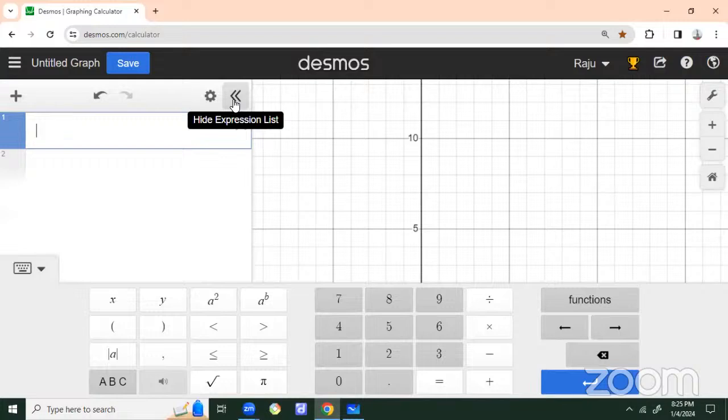Now let's talk about y less or equals to any number. Which number?